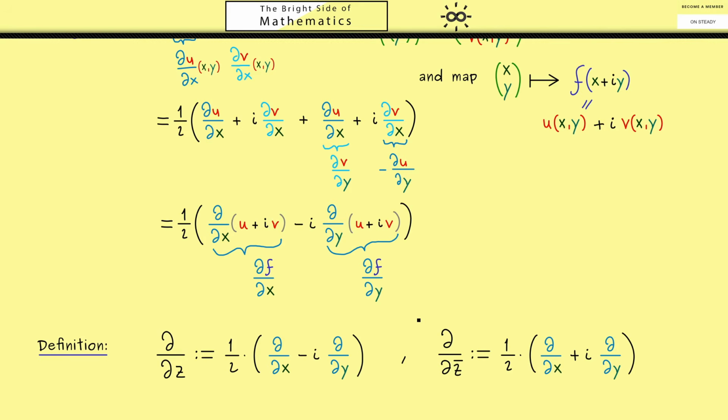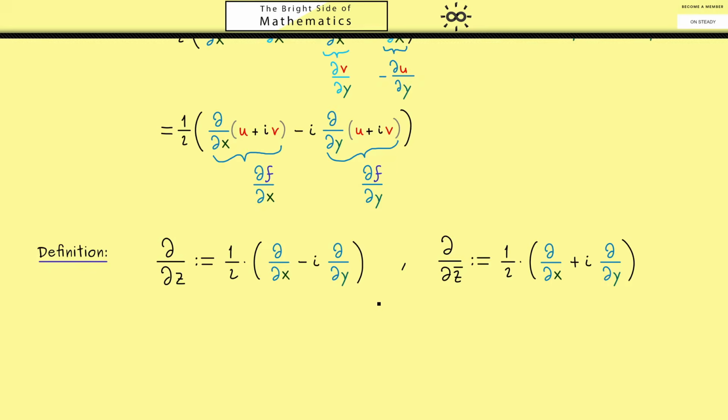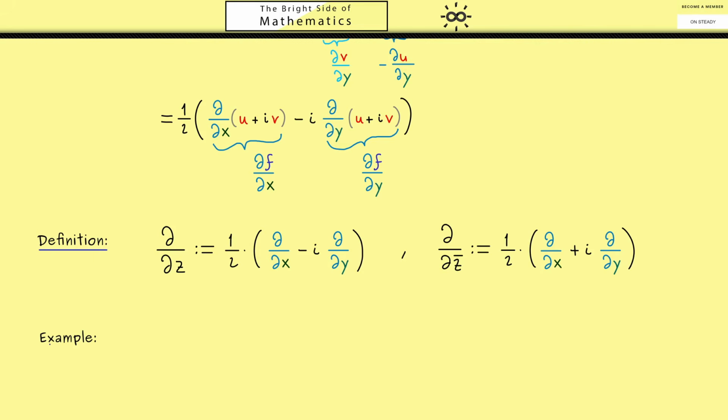Okay, then as promised, let's look at an example. It shouldn't be a complicated one, so let's look at a polynomial. Namely, we just look at the quadratic function z squared. Which means, using x and y, we have x plus iy squared. Hence, let's just expand the square, which means we have x squared minus y squared plus I times 2 times xy.